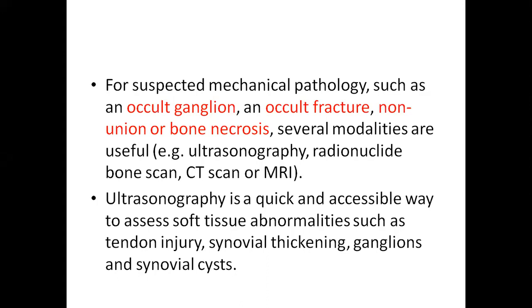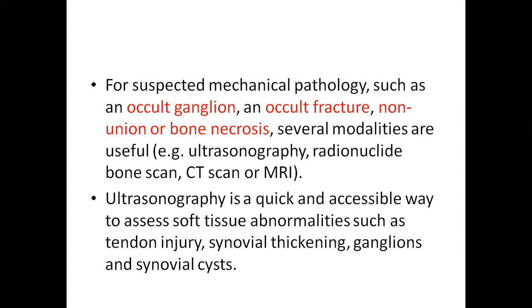But the main disadvantage of the CT scan is that it can mostly be used only for fracture identification, for those fractures which are not identifiable on the normal radiograph.